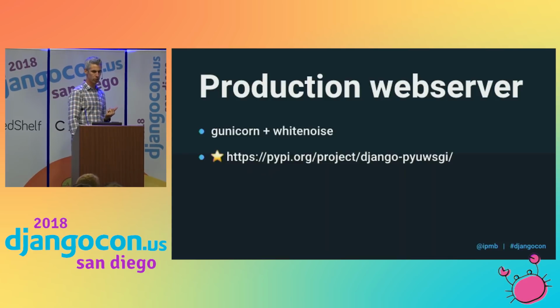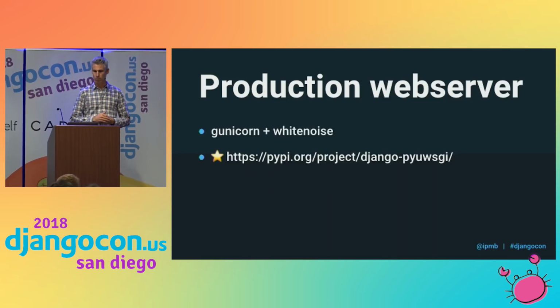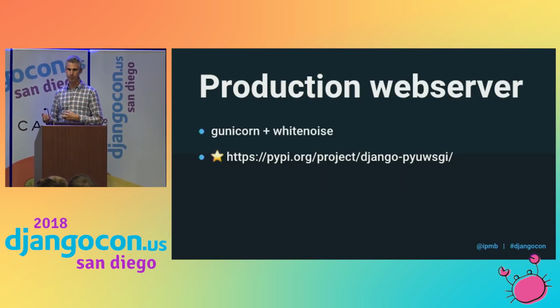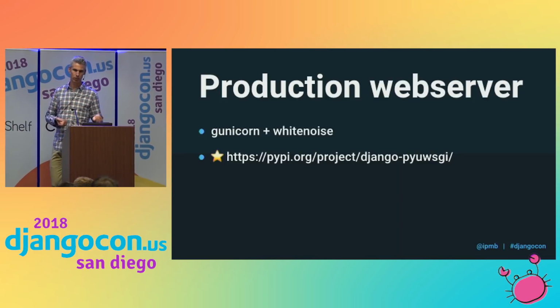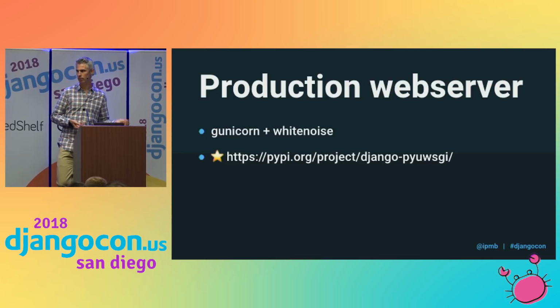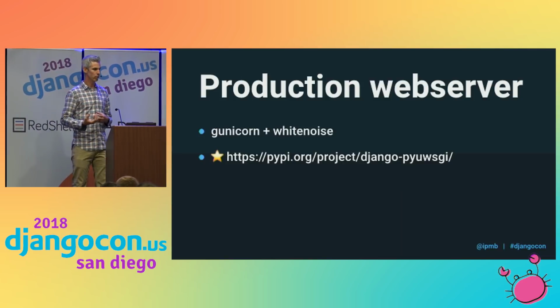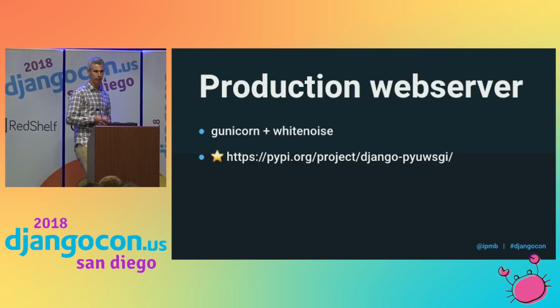There's another option which we've released recently called Django PyUWSGI. We've been working with the developer of uWSGI. When you pip install uWSGI, you get a binary executable. It's not a Python thing that you can work with. So PyUWSGI is a way you can build uWSGI as a library and then import it in your Python code and run it.